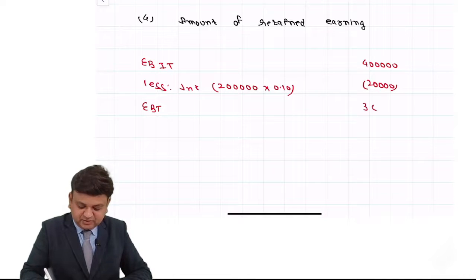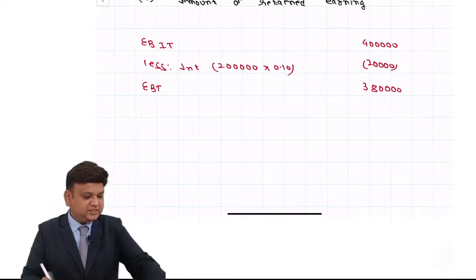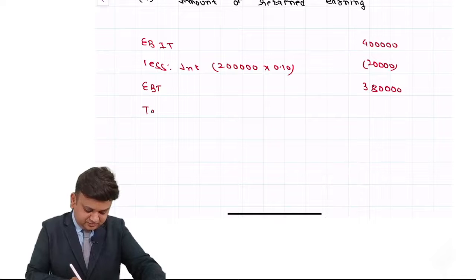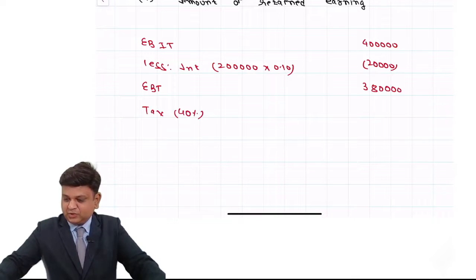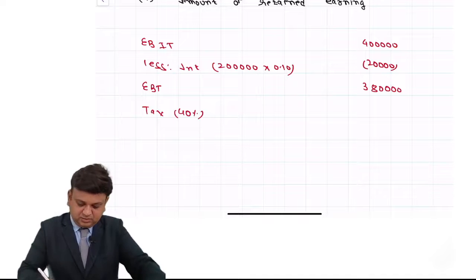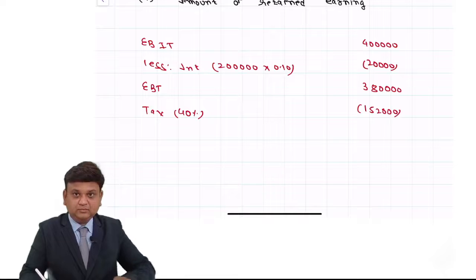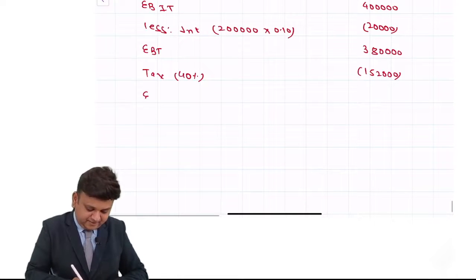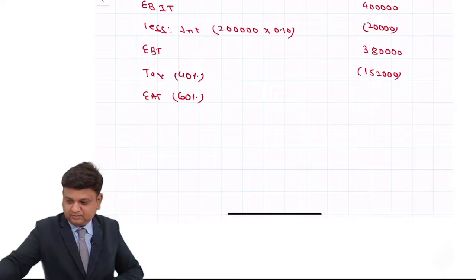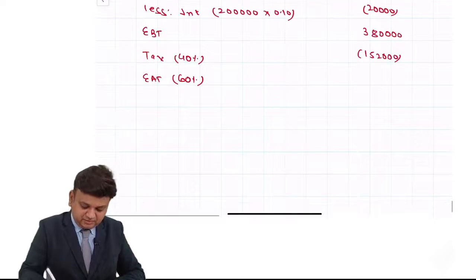Earning before taxes 3,80,000. Income tax rate is 40%. So 3,80,000 into 0.4, 1,52,000. Earning after taxes 60%, 2,28,000.